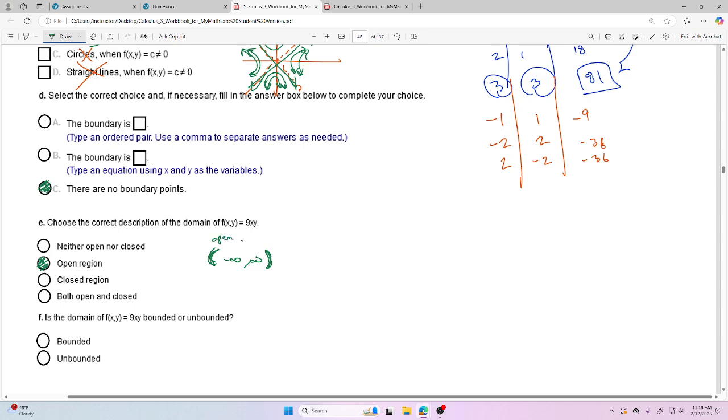What would closed look like in interval notation? Brackets. Yeah. Exactly. That's closed. So if you had this as your answer, you would say closed. Bounded or unbounded? What do you think? Bounded or unbounded? Unbounded.